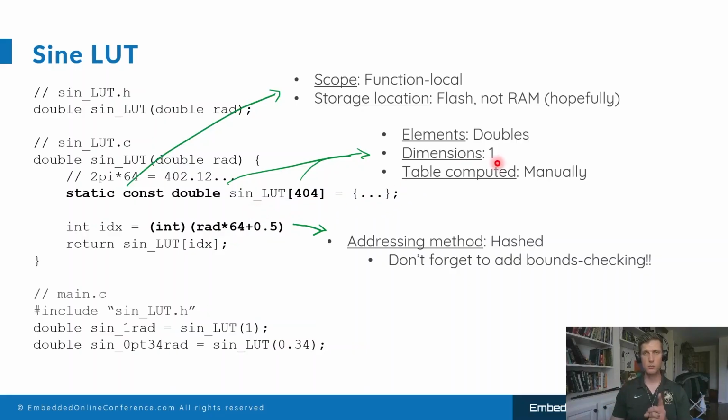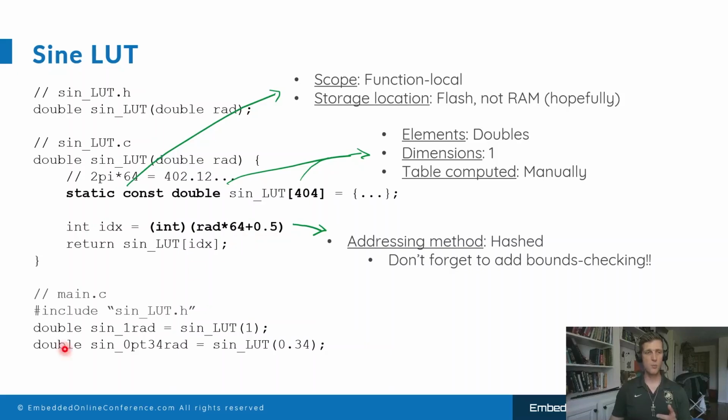It's single dimensional, it has one dimension, but we'll see lookup tables later on that have multiple dimensions. And this is a table that was computed manually. I wrote some software to figure out each sine value that I wanted to put in my array, and then I hard coded it in. But if I wanted to, I could have computed my sine function at runtime or found a different way to embed that into my software.